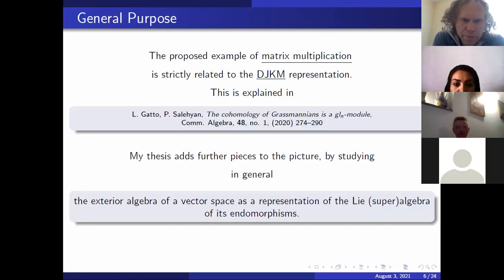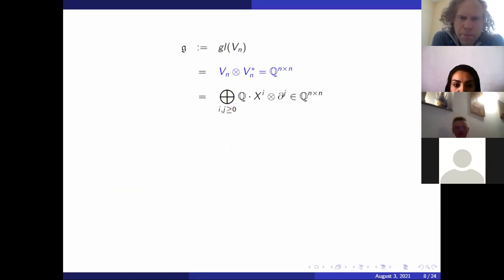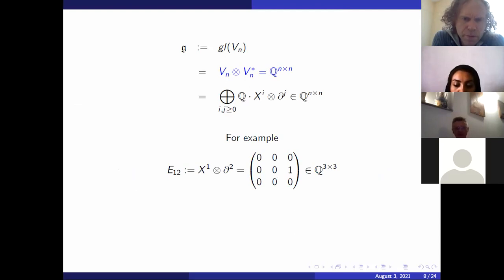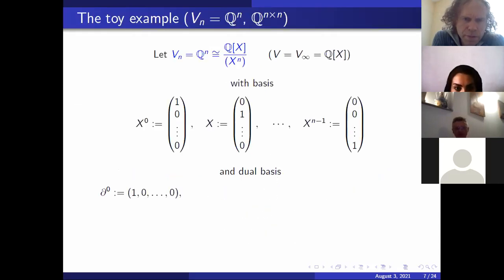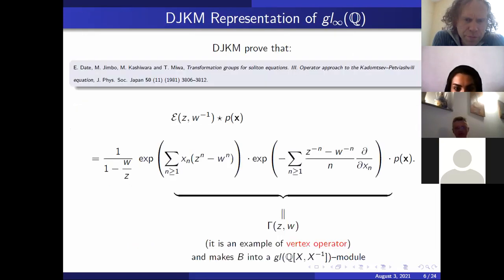May I make a comment? Yes. Sure, let's hear you. Go to the Jimbo Kashiwara Miwa expression. So the comment is that people may think that the exponential of that differential operator applied to a polynomial is something difficult to compute practically.